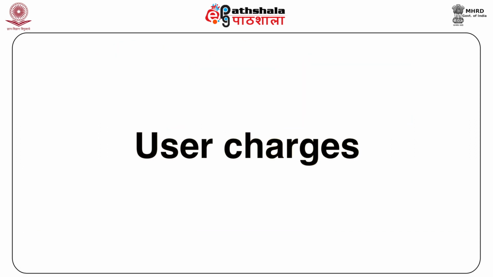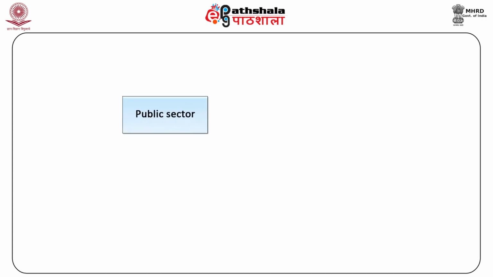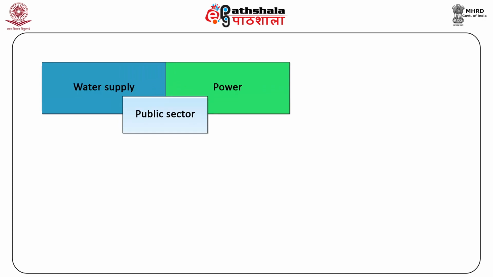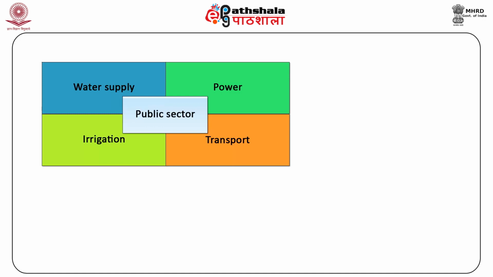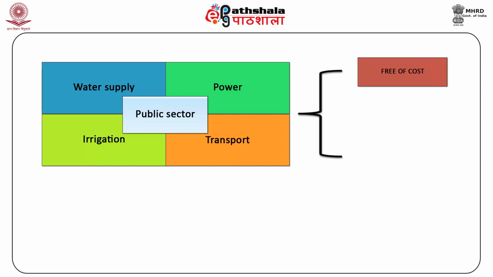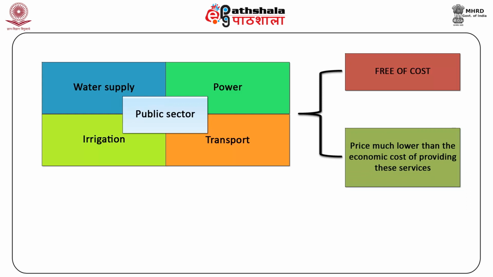User charges. Most of the public sector is engaged in providing public services like water supply, power, irrigation, transport, etc., which are supplied to people either free of cost or at a price much lower than the economic cost of providing these services.